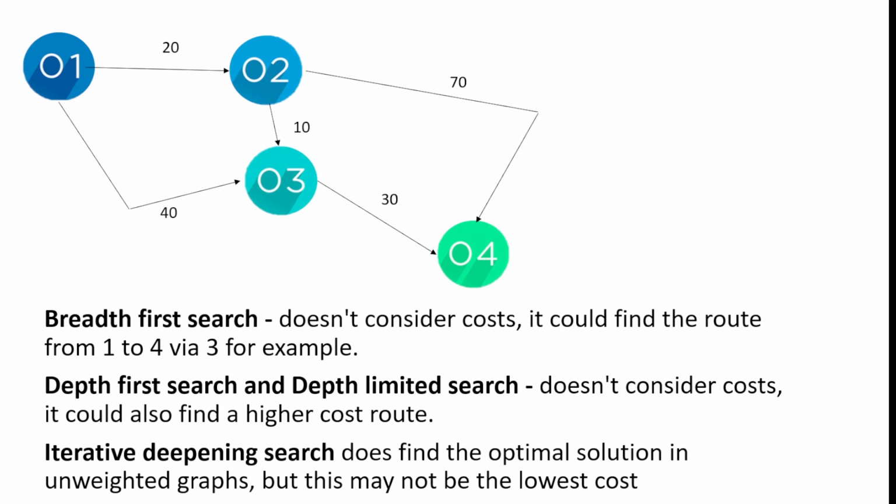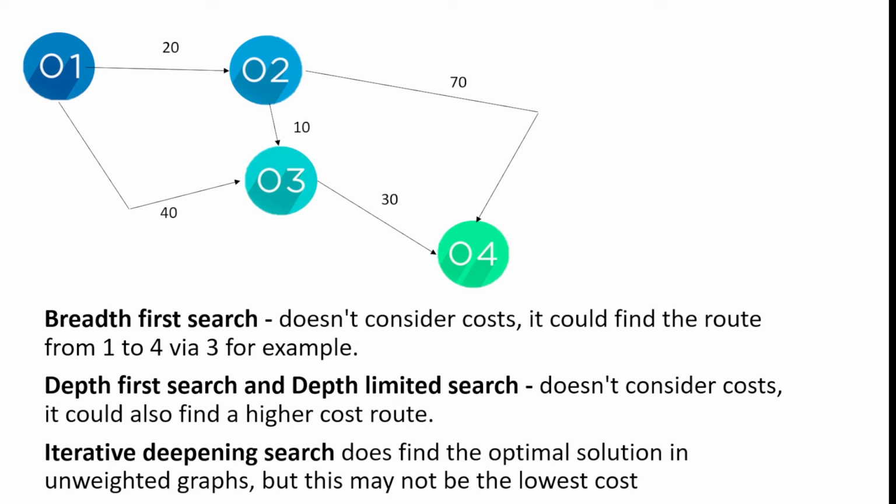Now, the other algorithms won't really be able to do this because they don't look at the costs. And also they might find an incorrect answer. So that might happen with the breadth first search. It could also happen with the depth first or depth limited searches and the iterative deepening search. They won't find the solution and they might not even find the lowest cost.